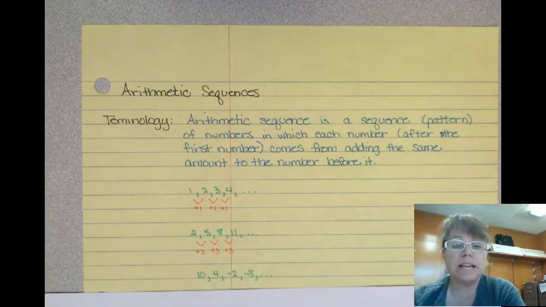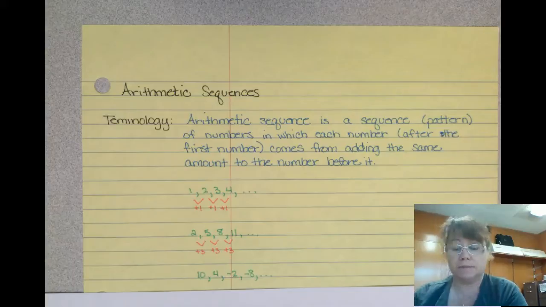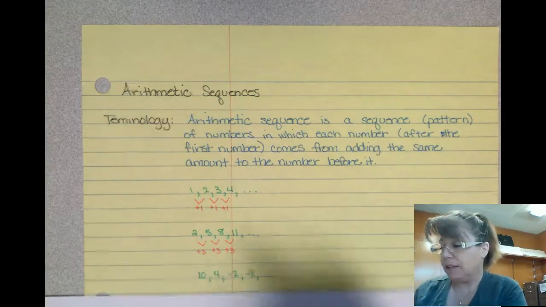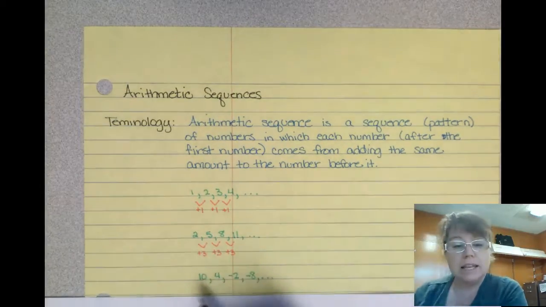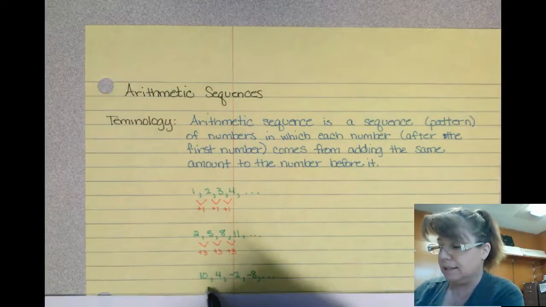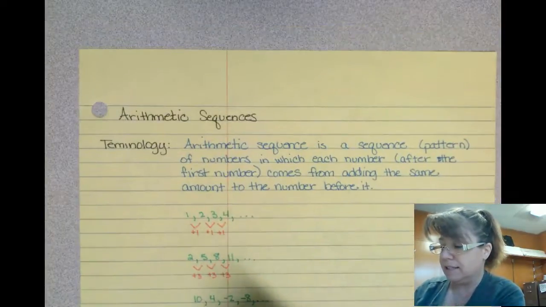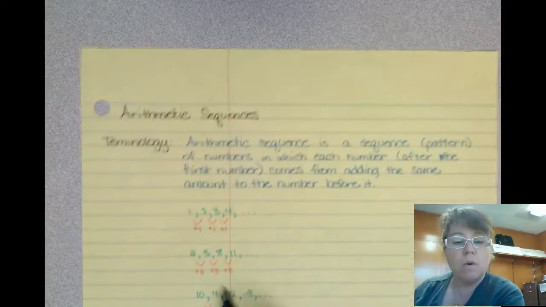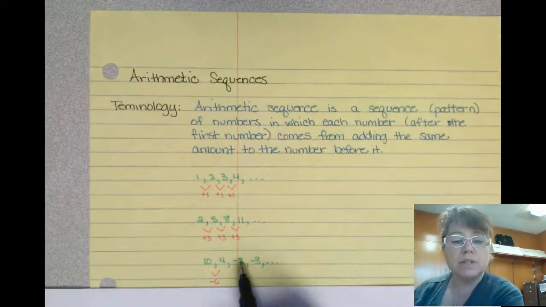But we don't always have to just add. The sequence might go down in numbers. So let's think about this. 10, 4. What changed? Well, 10, to get to 4, I had to subtract 6. And let's see if that is indeed the pattern. 4 to negative 2.